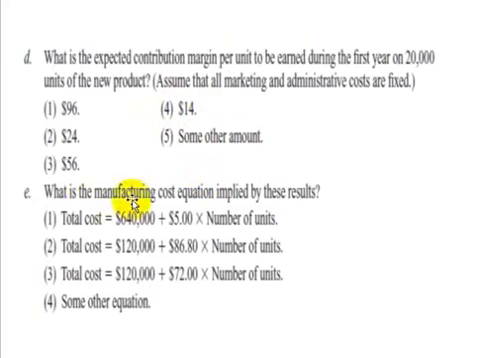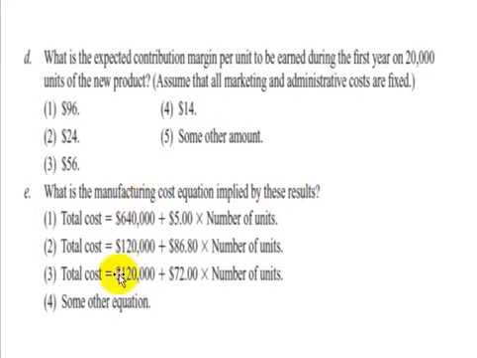E. What is the manufacturing cost equation implied by these results? The manufacturing cost equation equals the total fixed cost plus the slope, or the variable cost per unit or per hour, times activity level.